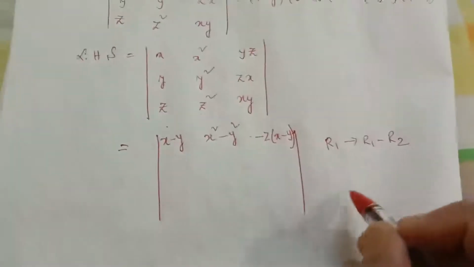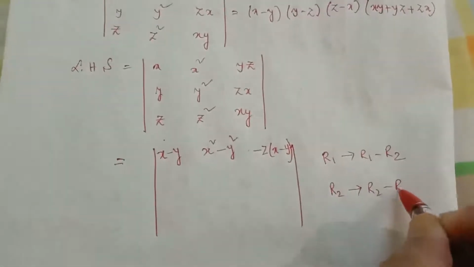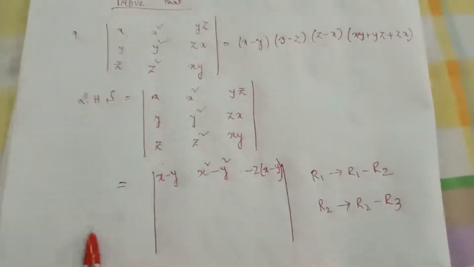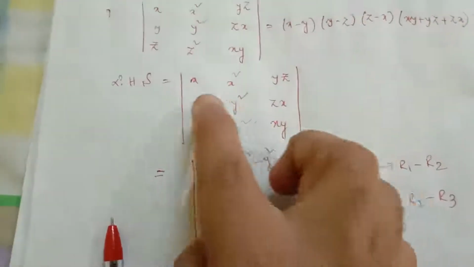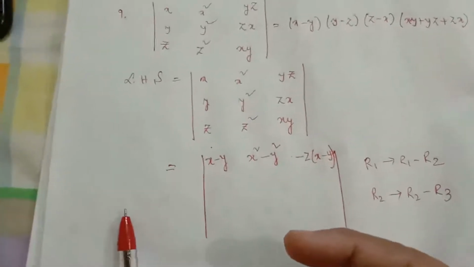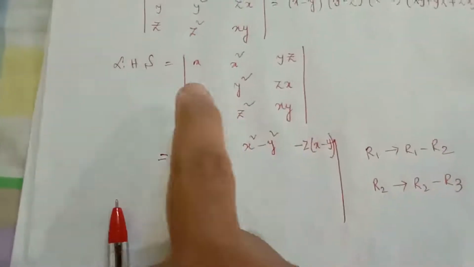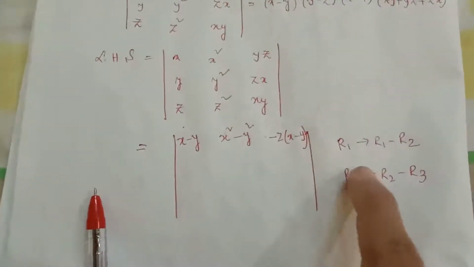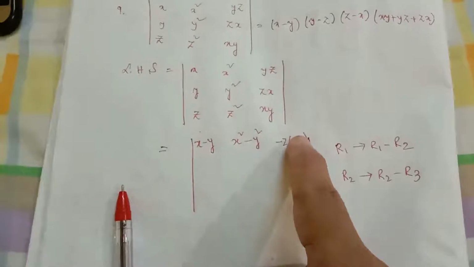Let us replace r2 by r2 minus r3, because you can see here r1 is changed, but these two are still the same. So as these two are unchanged, we have replaced r2. In the second step we cannot involve r1 because r1 is changed.